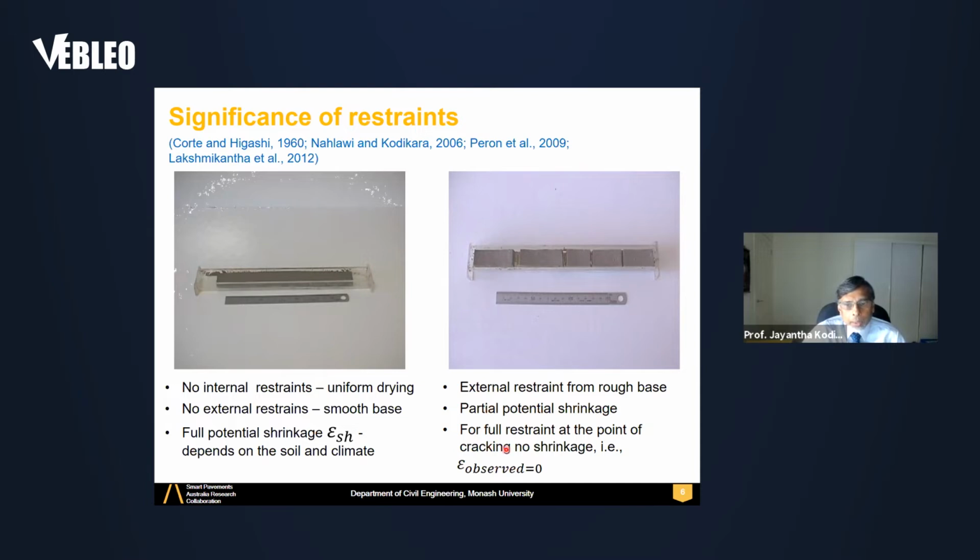Therefore, you get tensile stress development and cracking. And full restraint means no shrinkage is observed at all, but cracking suddenly appears, because it's an internal stress development.